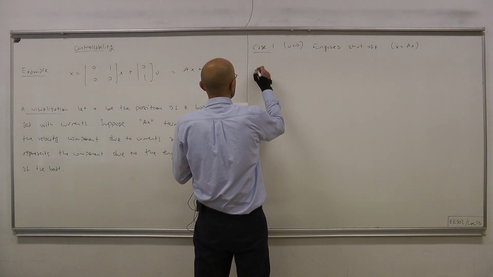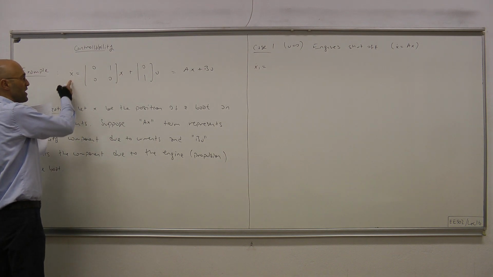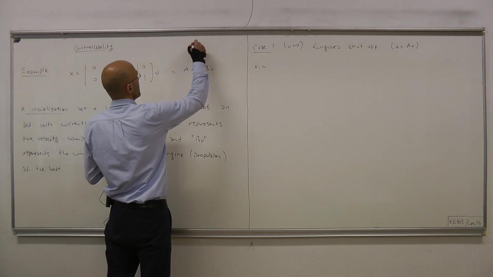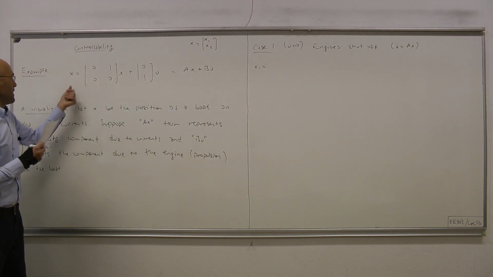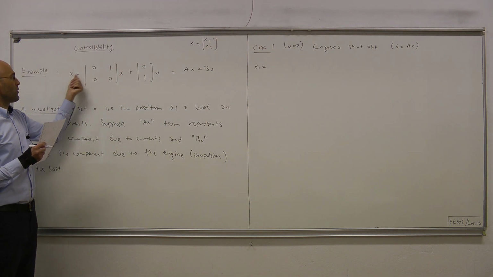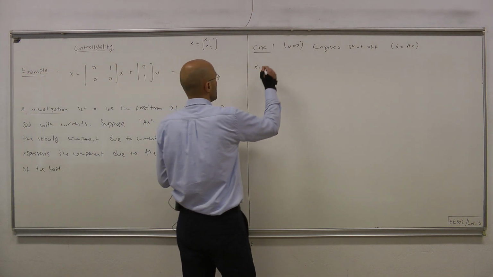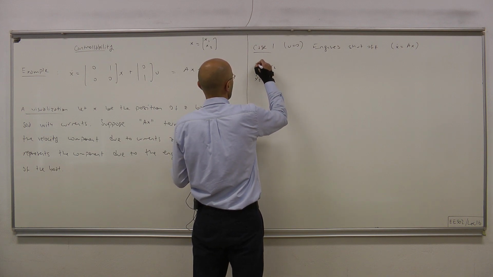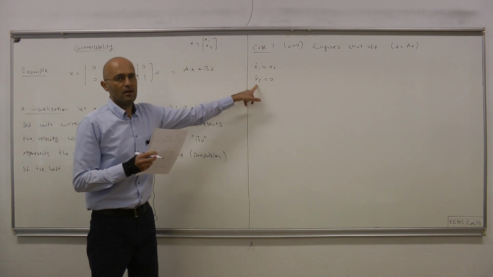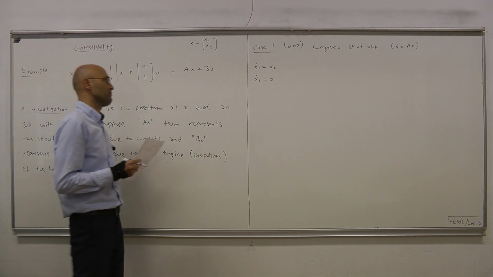So what we have is, x is x1, x2, and x dot equals Ax reads x1 dot equals x2, and x2 dot is 0. So x2 therefore is constant for all times.